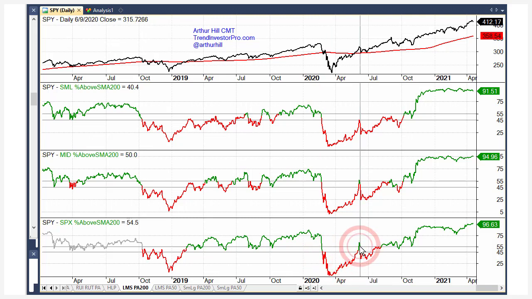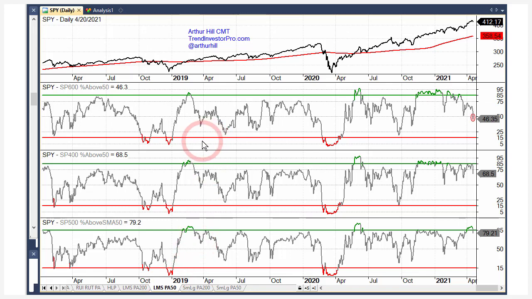You got a little whipsaw here, that's going to happen, but it has been bullish since the early part of July. So that's basically a bull market here. So we're still in bull market mode for this longer term indicator, but where we're seeing some weakness is when we look at the percentage above the 50-day moving average.